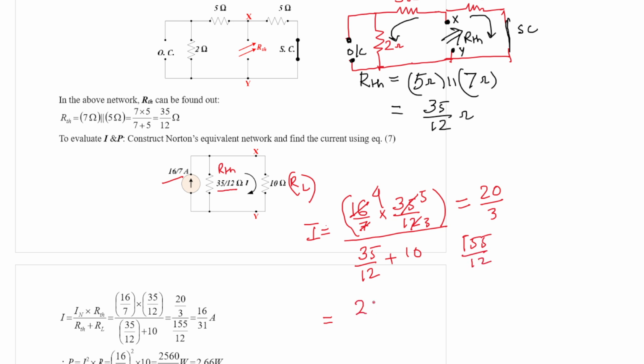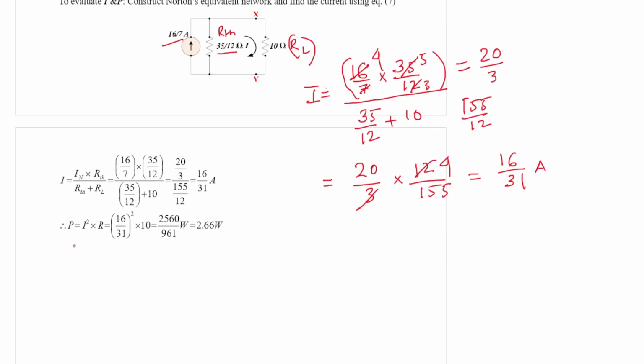So 20 by 3 divided by 155 by 12, I think it will be 16 by 31 ampere. So what will be the power loss? If you solve 16 by 31 whole square into 10, you will get 2.66 watt power.